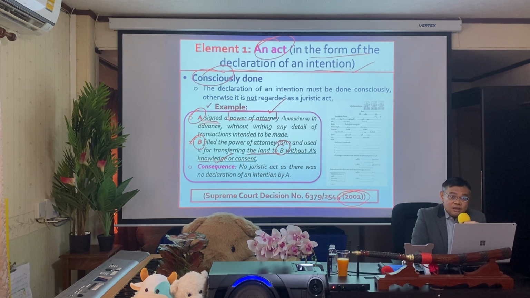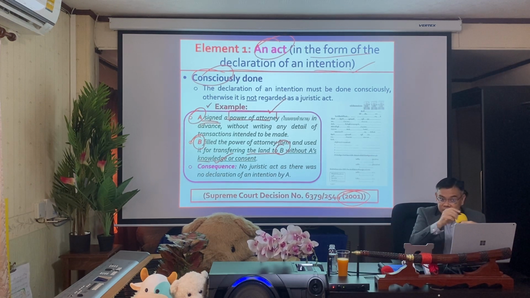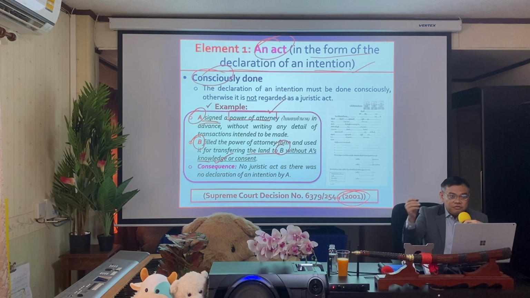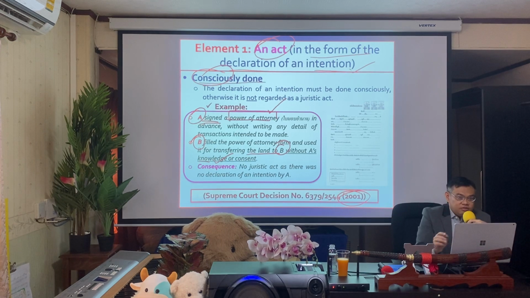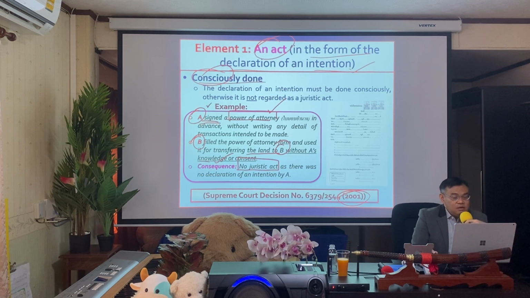In this case, A did not know anything at all. A just signed the power of attorney, but did not know that B wrote down the details saying that A transferred the land to B. It is B who wrote down the details in order to transfer the land from A to B. The Supreme Court held that, when the act was done without knowledge, it was not done consciously, so there was no juristic act between A and B at all.